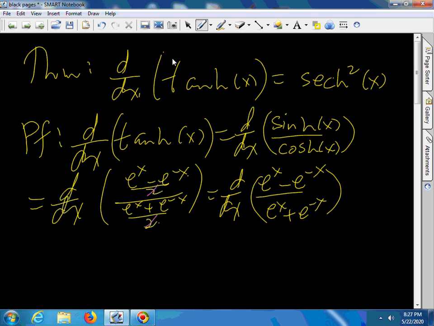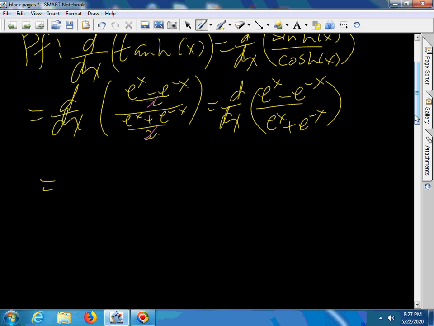You're going to use the quotient rule for this. The derivative of the top, the derivative of e to the x is e to the x, minus the derivative of e to the negative x, which is e to the negative x times the derivative of the power, which is negative. That's the derivative of the top times the bottom. Oh, it's the same. So coincidentally, it gets squared.